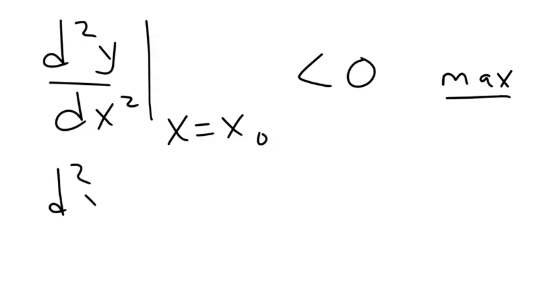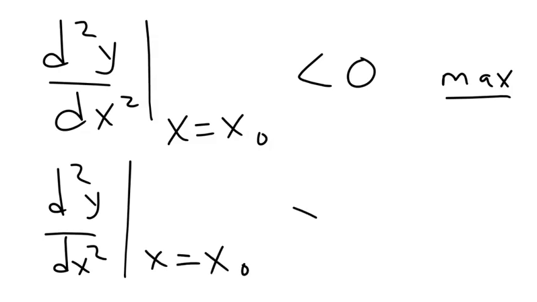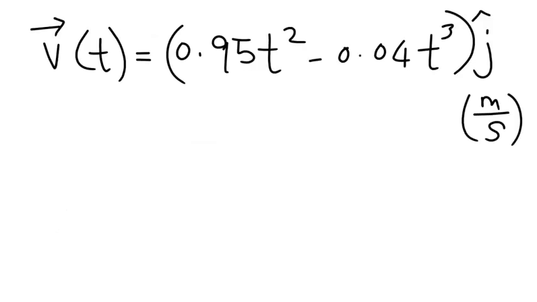If the second derivative of y with respect to x evaluated at x equals x naught is a positive number, then the value of y evaluated at x equals x naught is minimum. It's that simple. So to find the maximum value of velocity, we need to do those steps to this function v(t).